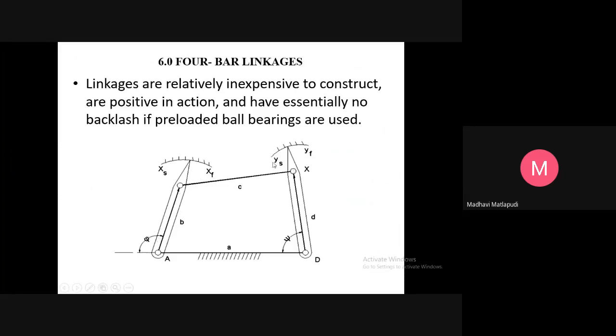Similarly, YS and YF are the start angle and the end angle of the output link, where Xi is the output link angle.